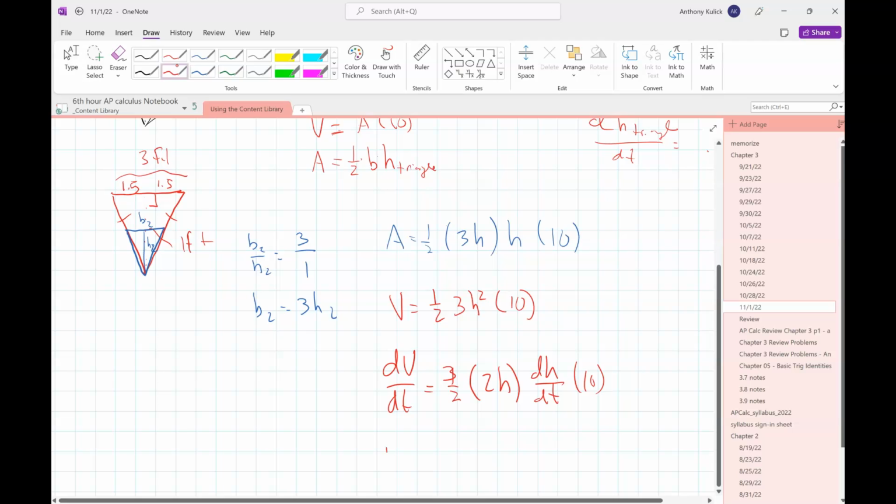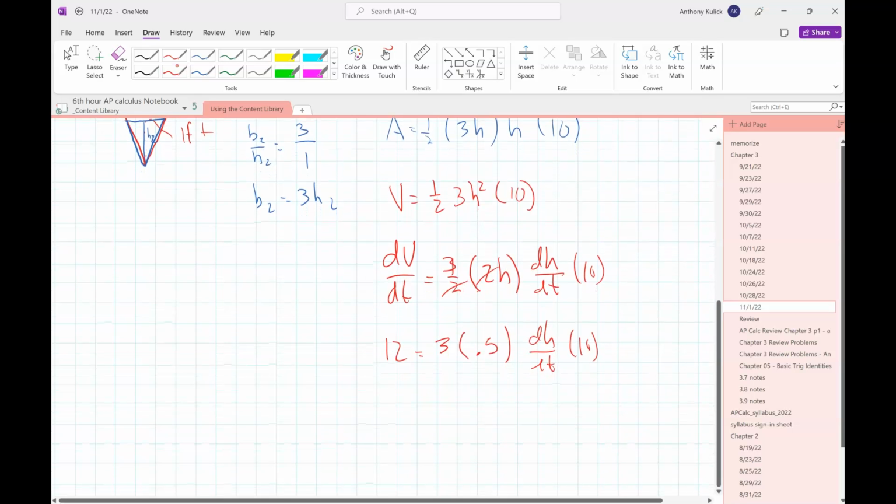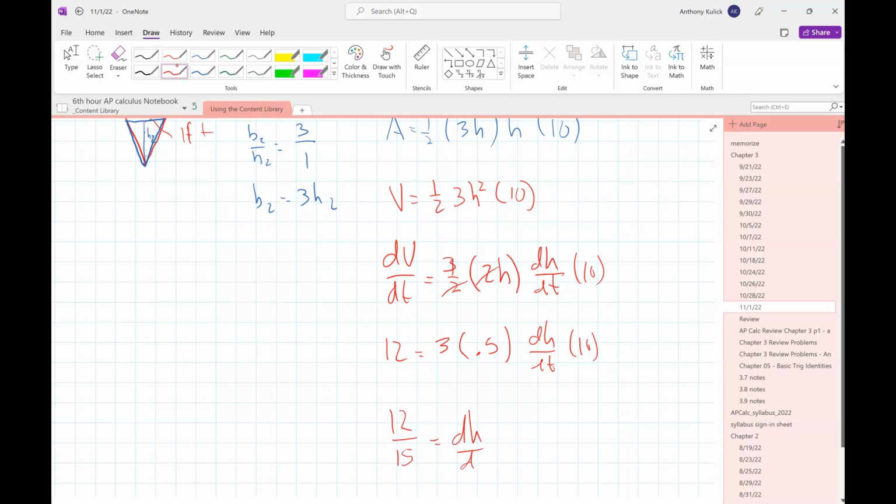And my volume is changing at 12 feet per minute. The height is at 6 inches, so everything else was in feet, so I'm going to call that 0.5 foot. Everybody's okay with that? So it should be 12 over 15 should equal my dh/dt.